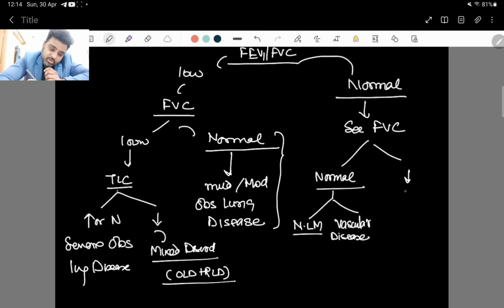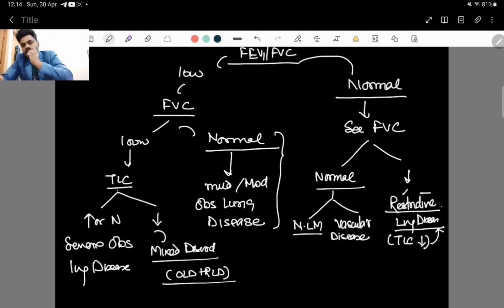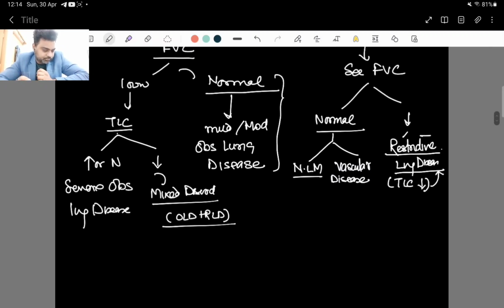And if FVC is low, the patient can have restrictive lung disease. Now, how can we confirm that it is a restrictive lung disease? We will see TLC. If total lung capacity is decreased, then it is confirmed that it is a restrictive lung disease. So this much we have understood till now.